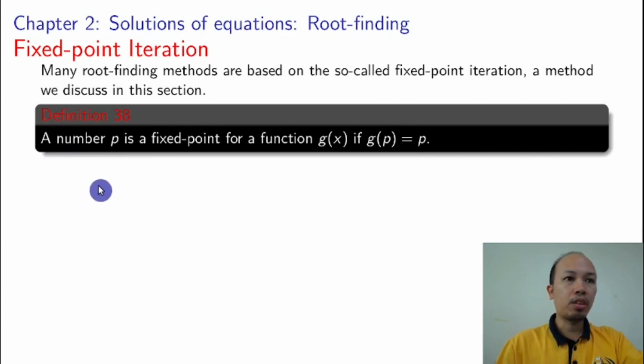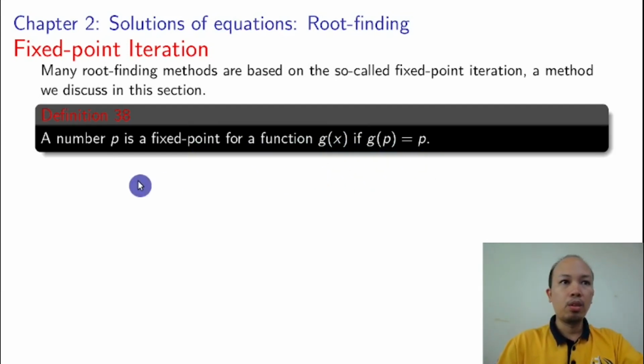Okay, so as you can see, in definition 38, this is the definition of the fixed point, and later we will know why the idea of fixed point is important in root finding. Okay, so it says here a number p is a fixed point for a function g of x if g of p is equal to p.